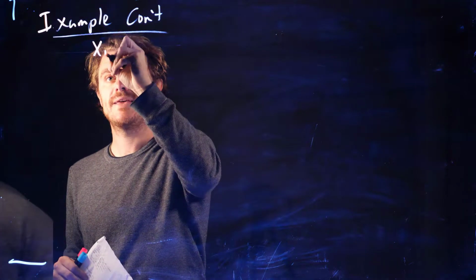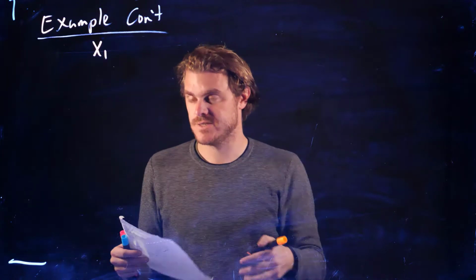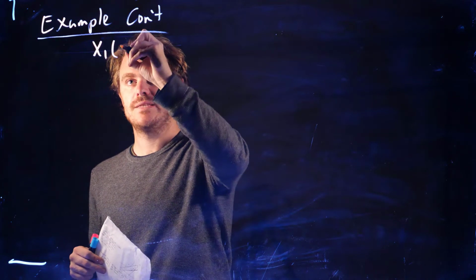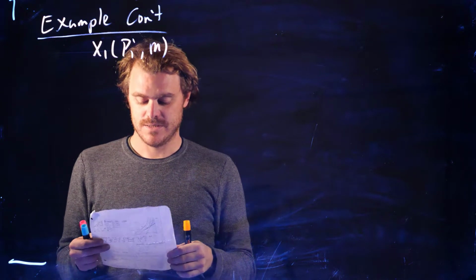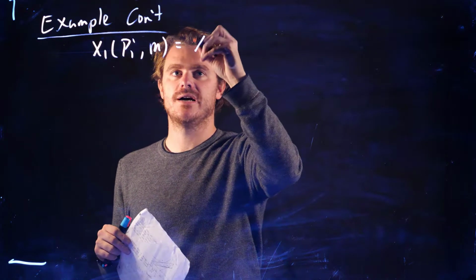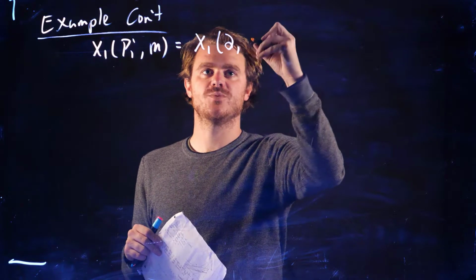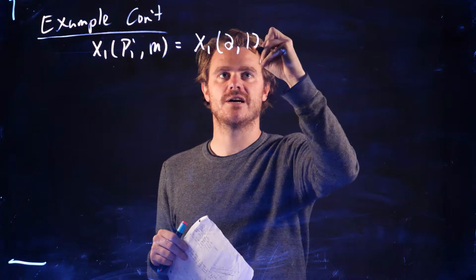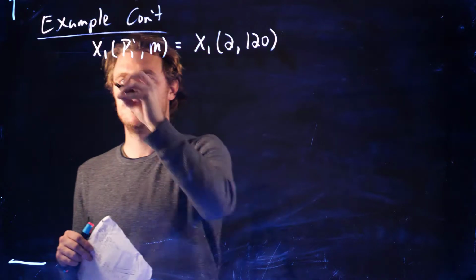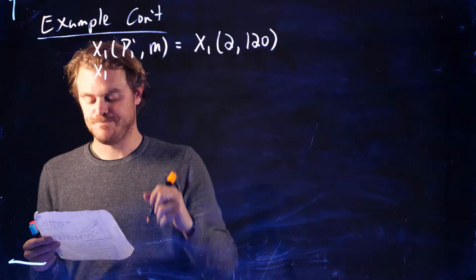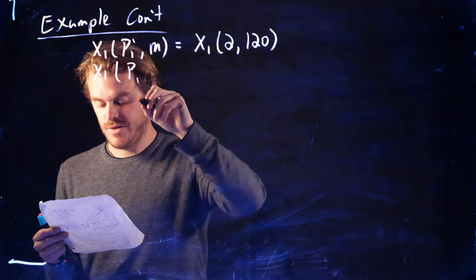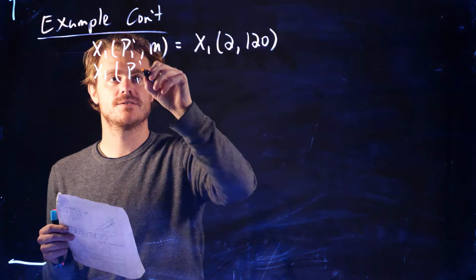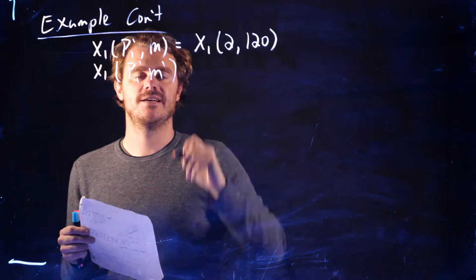So before we calculated the total effect. We calculated the demand at the new prices and old income, and that was equal to x1. Remember, the new price was 2 and the original income was 120. We also calculated the demand when we had the new price and the adjusted income.